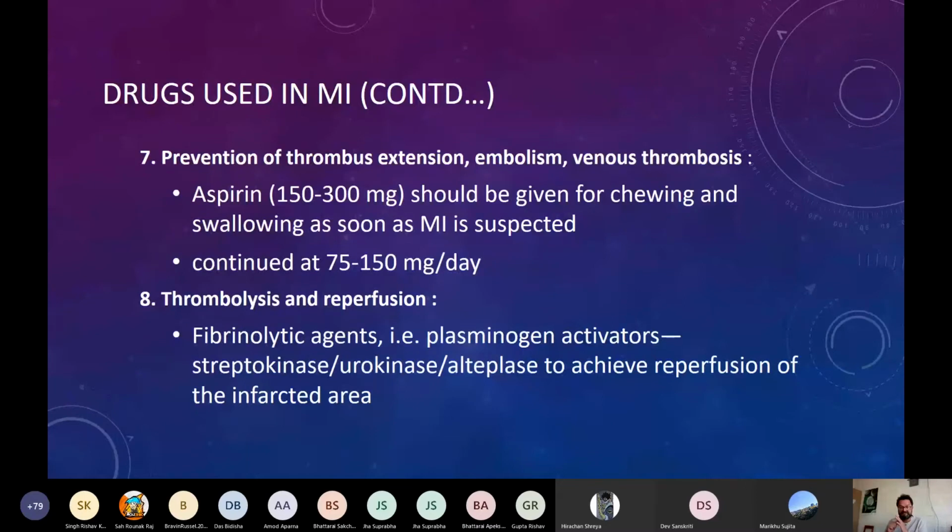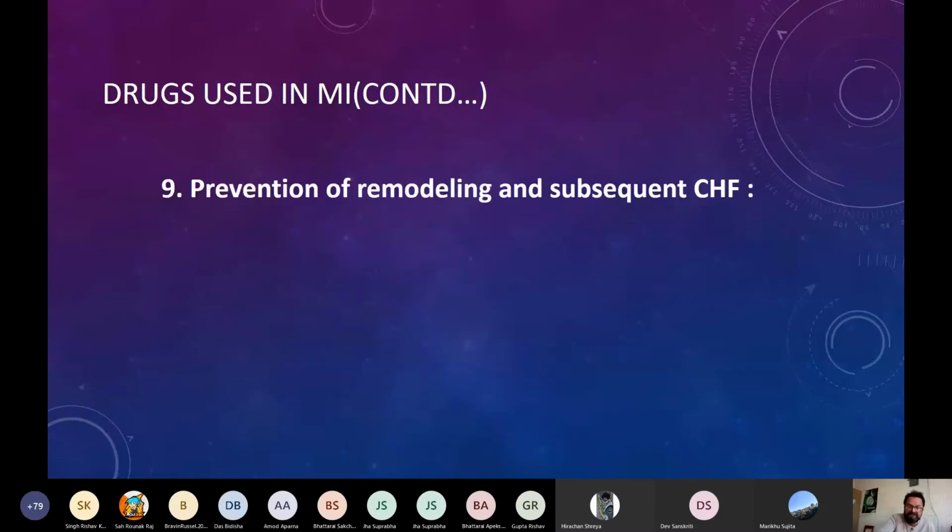From the skin, we find out which blood vessel is occluded, and then we try to dilate that mechanically, or sometimes we can even insert a stent there. So we find that blood vessel and place a stent there. If that sort of service is not available, then we can go for fibrinolytics. We are going to talk about that also.